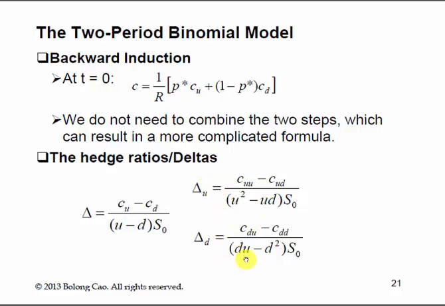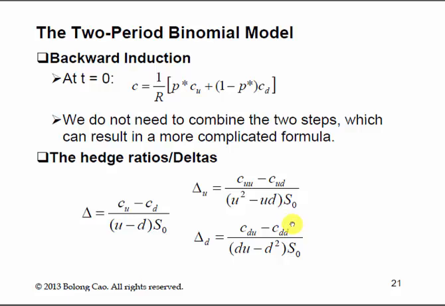But you can see that these deltas, in the upstate, downstate, and time zero, are always the difference between the call payoffs over the difference between the two states' underlying price. It's always that. That's how we get the delta.